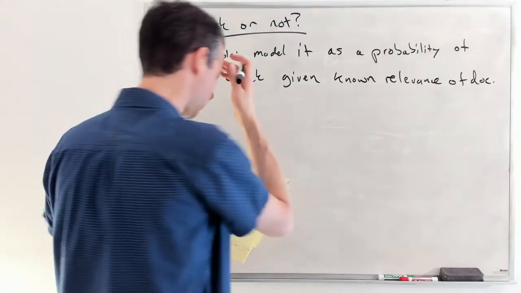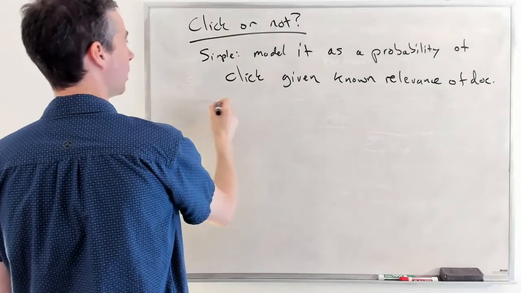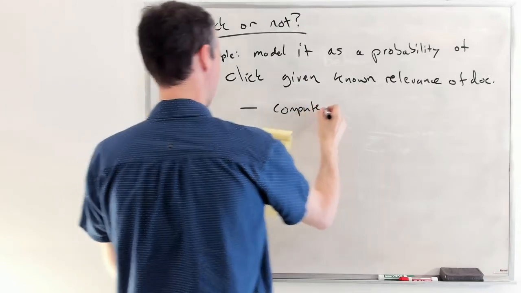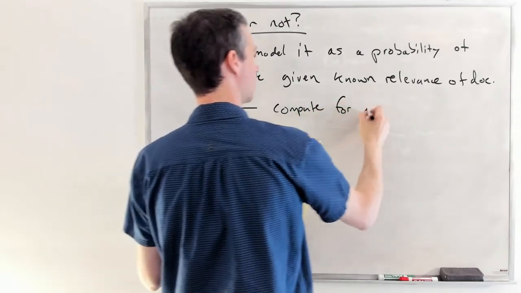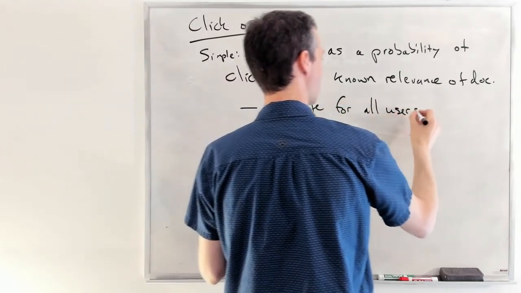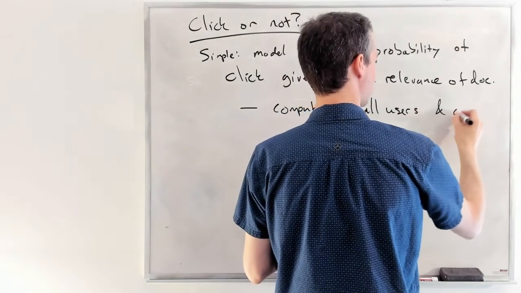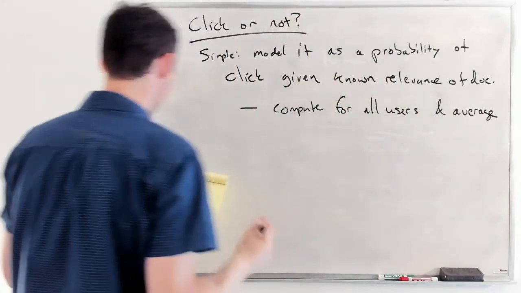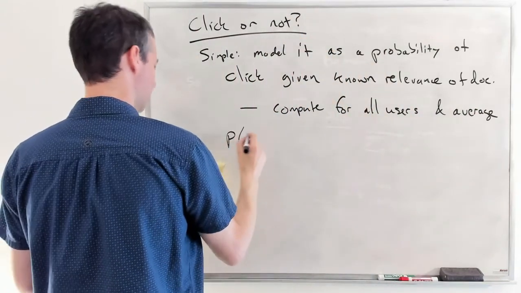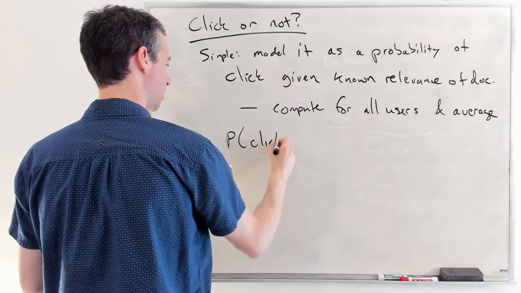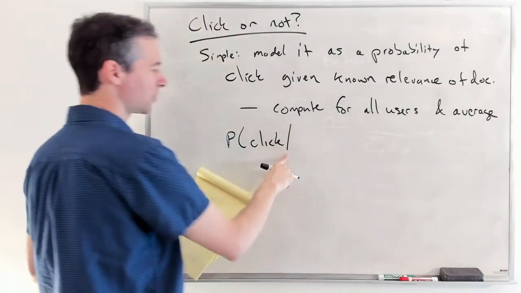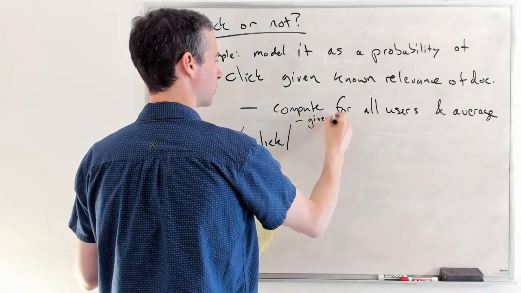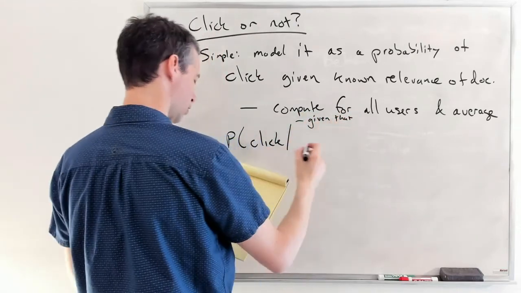All right. So keep it simple again, and we're going to compute this for all users, what this probability is, and then we're just going to average it. All right. So we're basically computing the probability of clicking. And when we say this is given that, this is the notion of given that. It's a conditional probability.